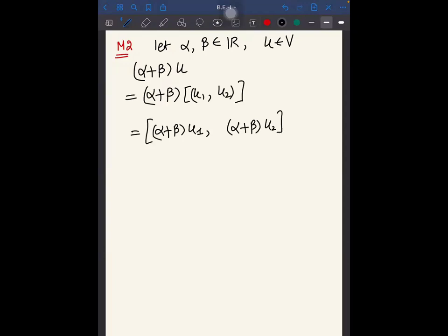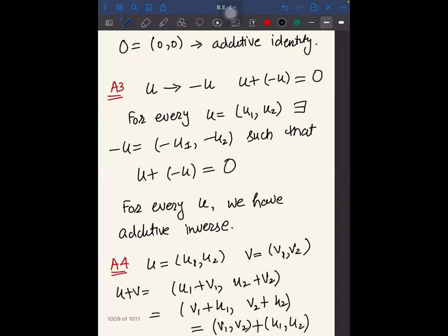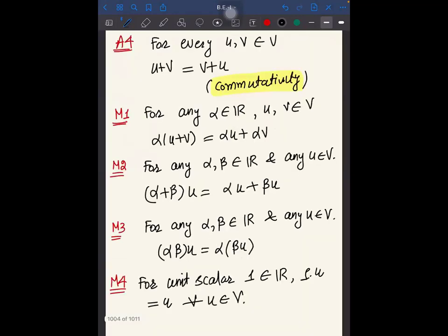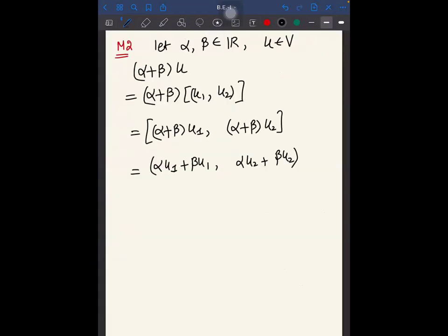Okay. So further, we can write it in this form, alpha u1 plus beta u1, alpha u2 plus beta u2, right? Yes. ठीक है, ये प्रॉपर्टी है ना? Yes, sir. ठीक है, तो अब हमें प्रूव करना है इसे अल्फा यू प्लस बीटा वी. So in order to make that alpha u plus beta u, you can write it as alpha u1, alpha u2.